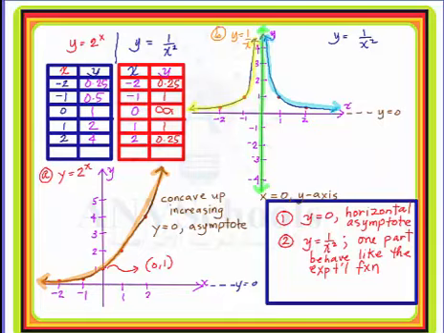The graph is increasing here, and concave up. But in this case, this is decreasing, although this is still concave up. Okay? So those are the differences and similarities of these two equations.